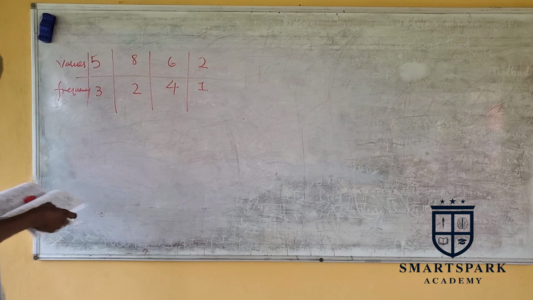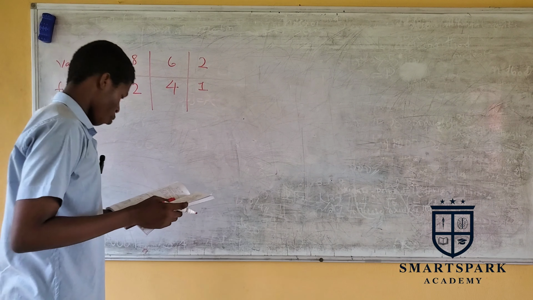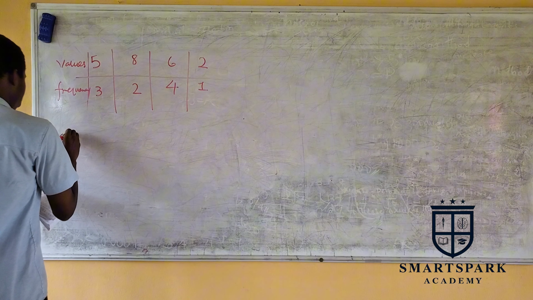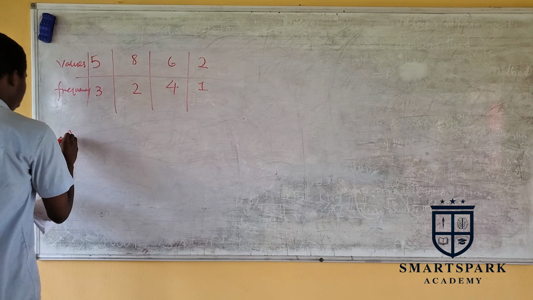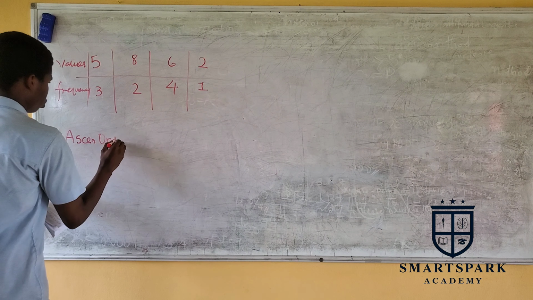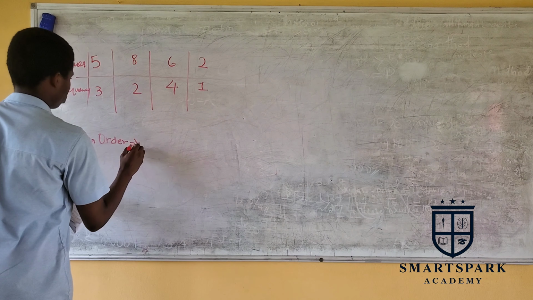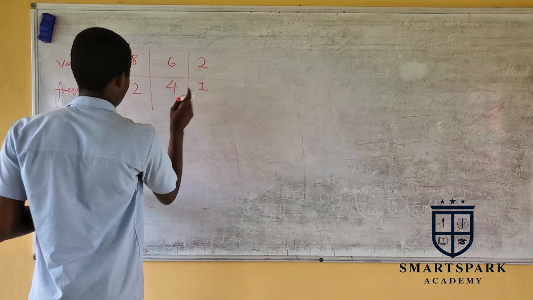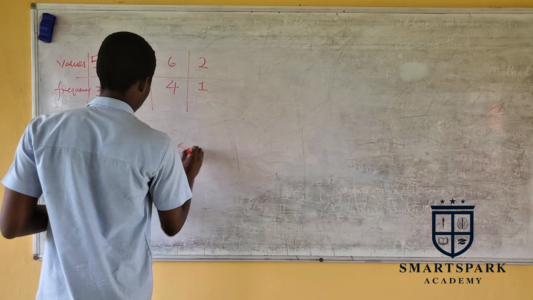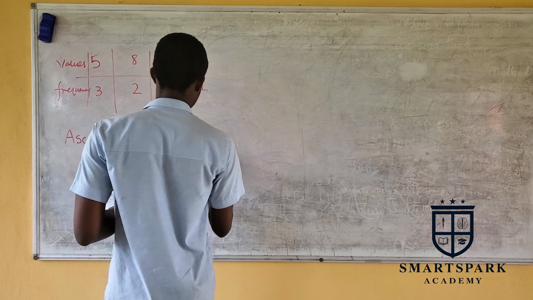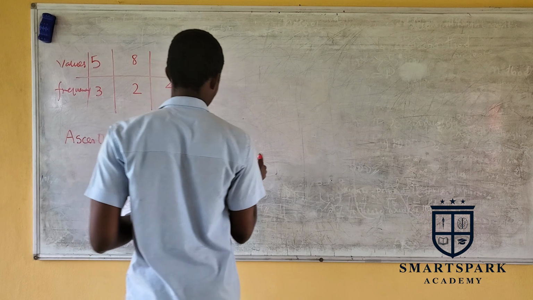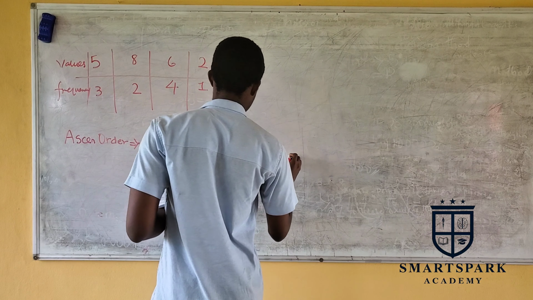So now, what we are going to do is find the modal first. The modal is the number. We are going to find the center number. First, we are going to arrange in ascending order. So we are going to start with 2, 5, 5, 5, 6, 6, 6, 6, occurred 4 times, and 8.